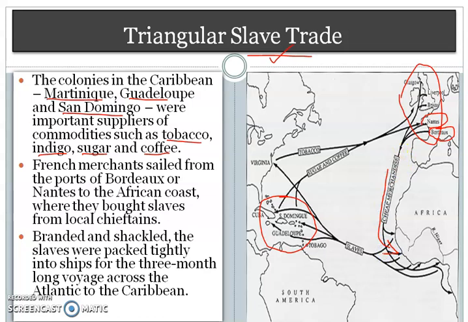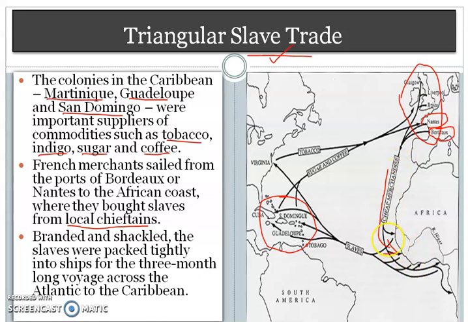In the African coast, there were some local chieftains. And these local chieftains used to sell the slaves or the black negroes to the French merchants. Means they used to purchase the black people from there.